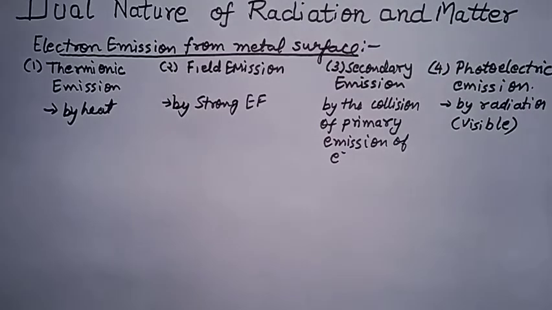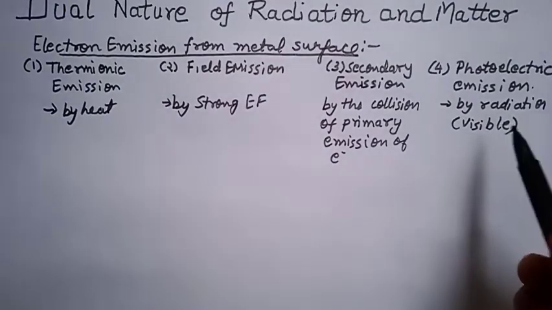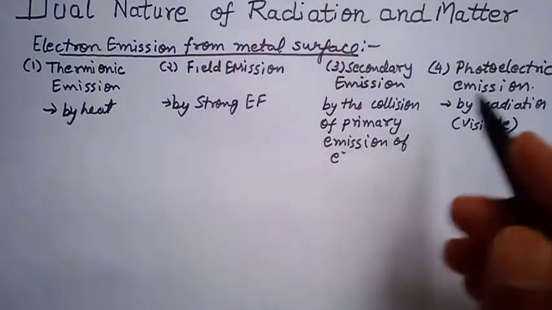So the electrons which are emitted on a primary basis by heat, strong electric field, or radiation, when they collide with other neighboring electrons, those secondary electrons also get emitted. So that is called secondary emission. Well, here we are not going to study these three, but this one.